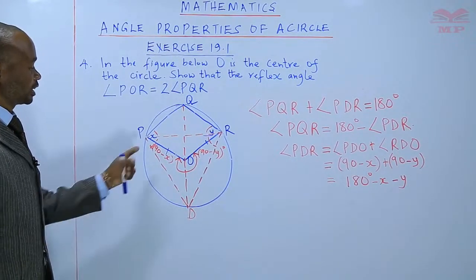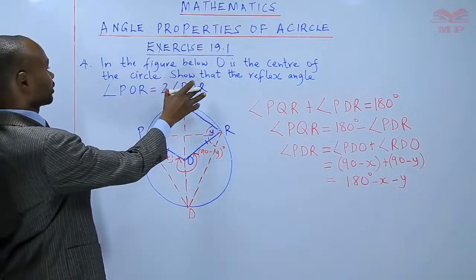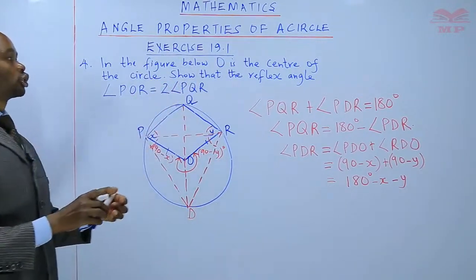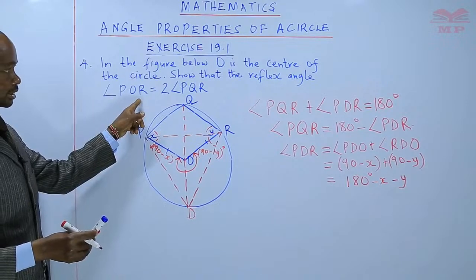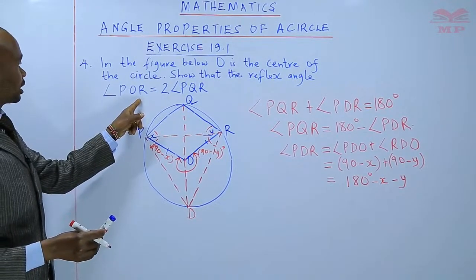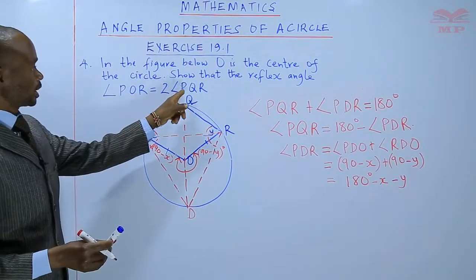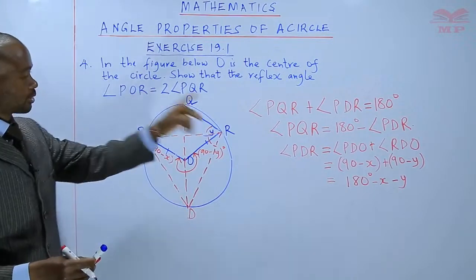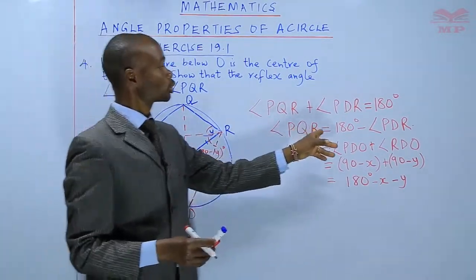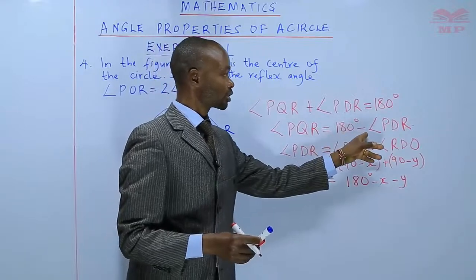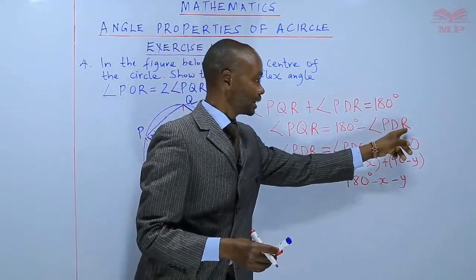Isn't it? PDR. But the actual angle I should use to prove is angle PQR. And from this one I've already written PQR is equal to 180 subtract angle PDR.